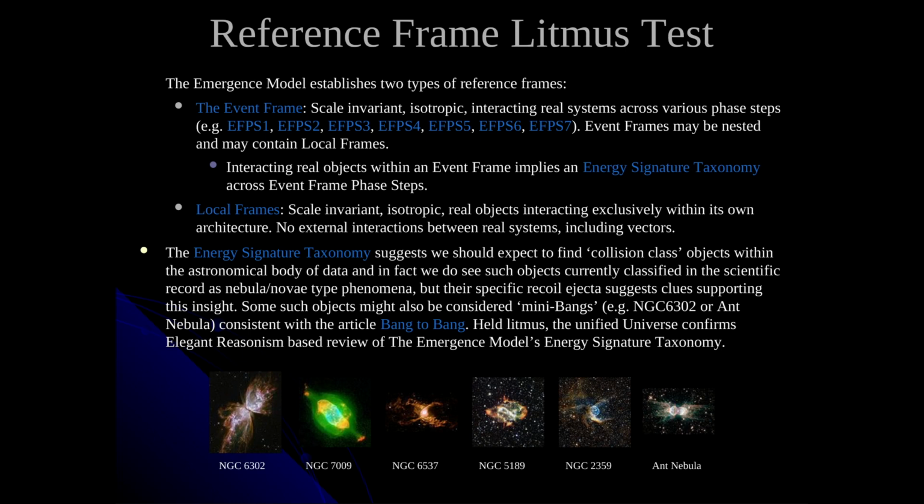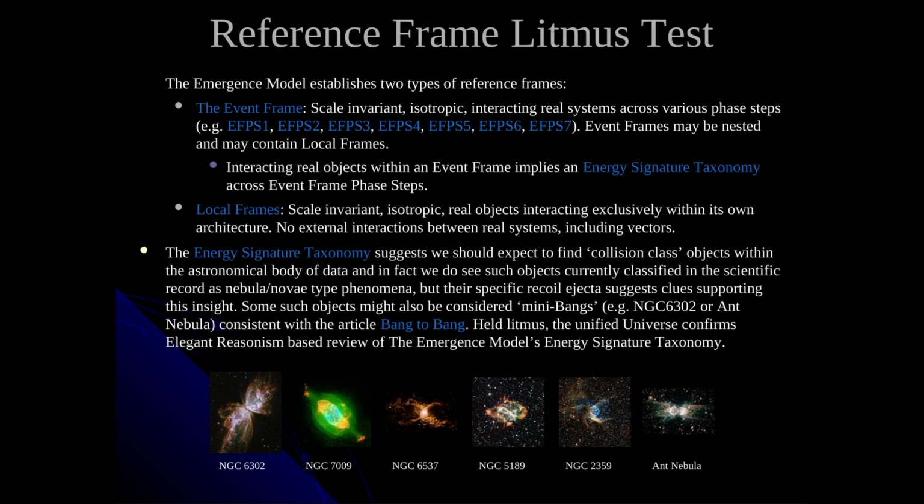EFPS3 is the initial encounter or initial interaction. EFPS4 is capture in the context of merger or resonant feedback between interacting systems. EFPS5 is max Q, maximum energy, however you want to think about that. EFPS6 is the subsidence frame, and EFPS7 is the endurance frame.